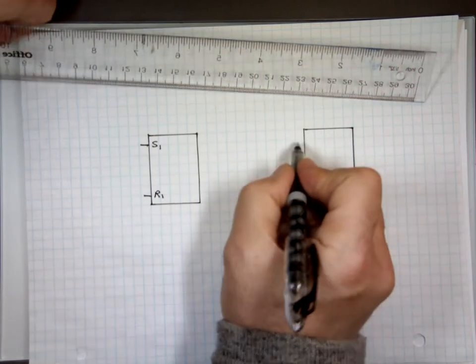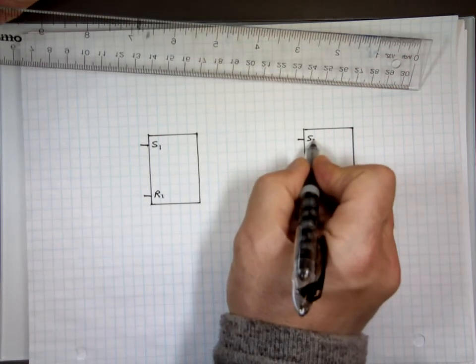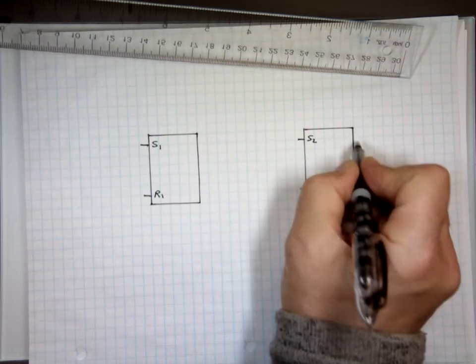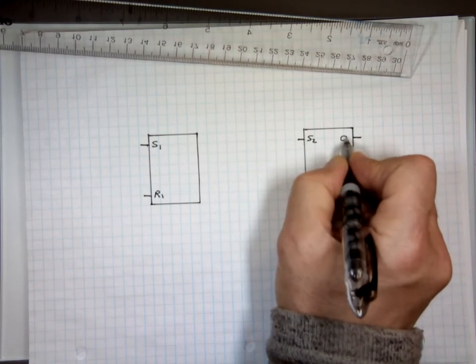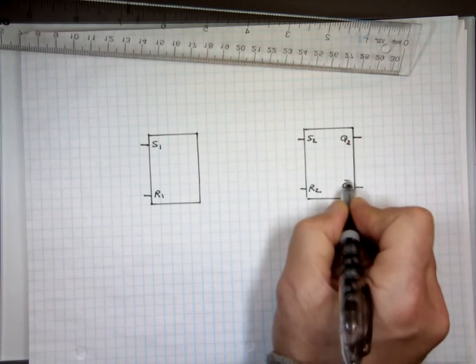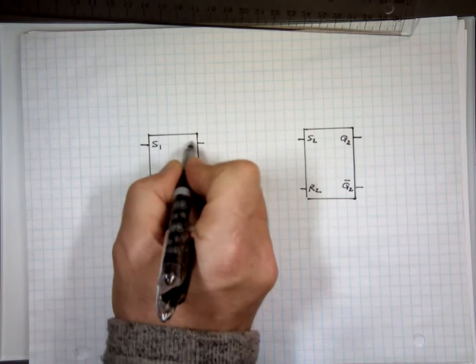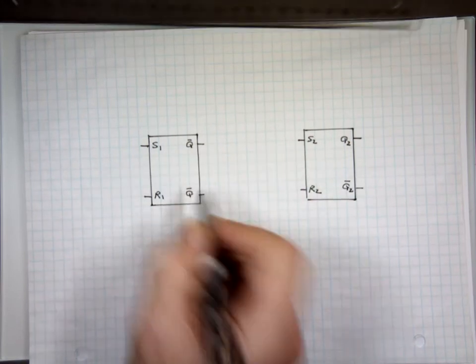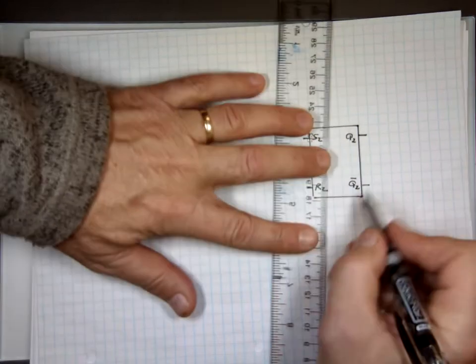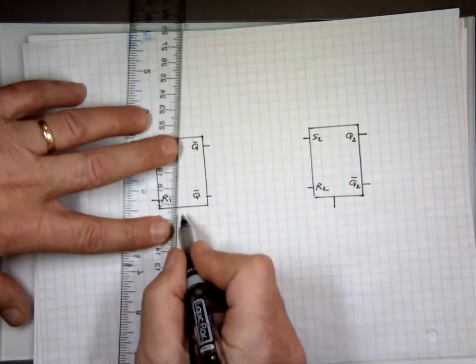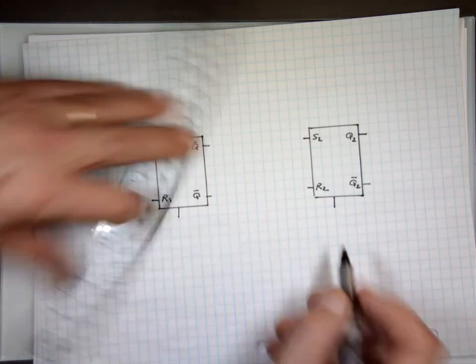This is S2, second flip-flop, and R2. This has 2 outputs, Q2, Q2 not, Q1, Q1 not, and there's a clock here attached to both of them to synchronize everything that we need.